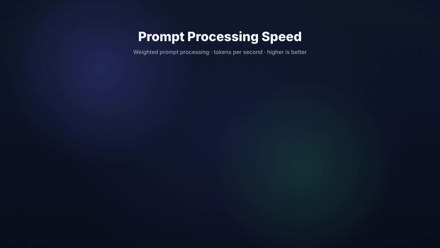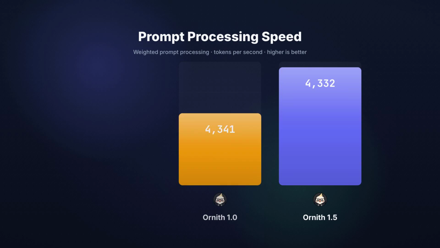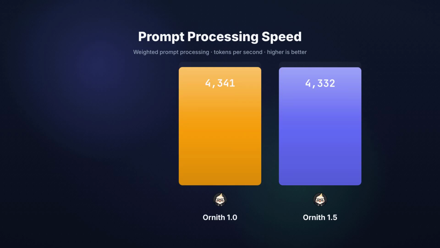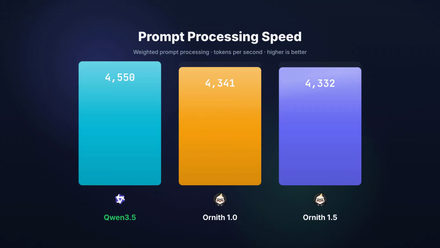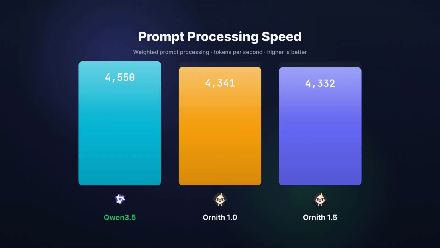Prompt processing also favors Qwen with 4,549.55 tokens per second against 4,331.52 for Ornith 1.5. This happens before the reply begins and matters when a local workflow repeatedly loads a large document or repository history.